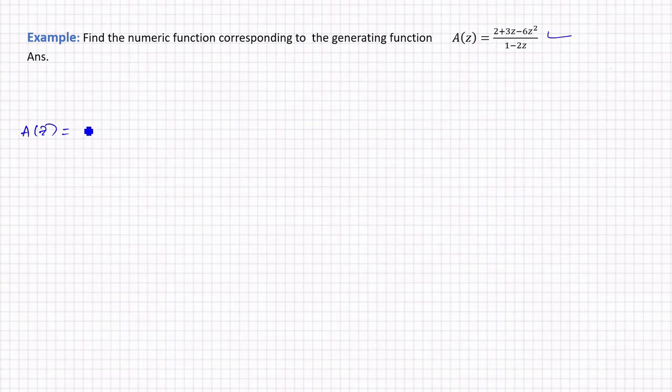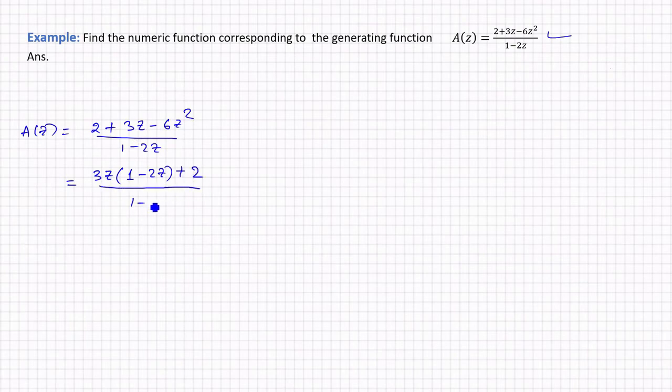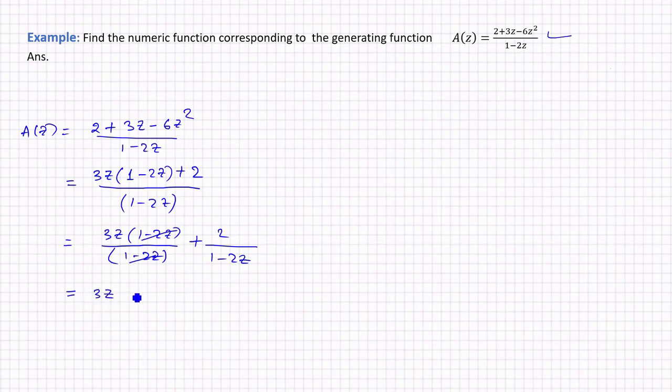Taking 3z common in the two terms, we get 3z(1 - 2z) + 2, divided by (1 - 2z). So the factor (1 - 2z) cancels out in the first term, and we get 3z + 2/(1 - 2z).